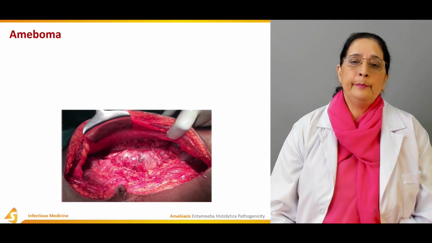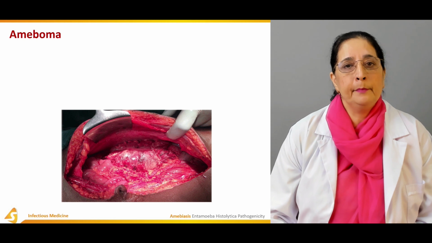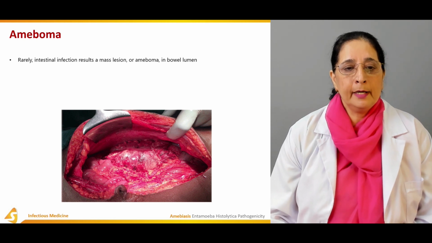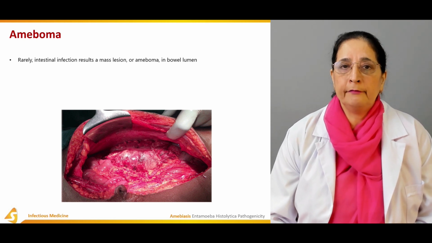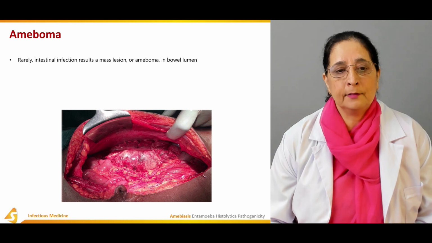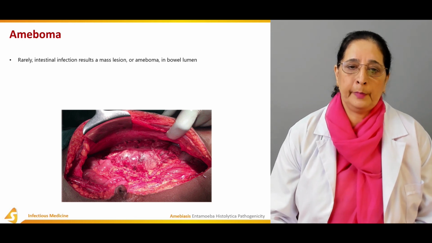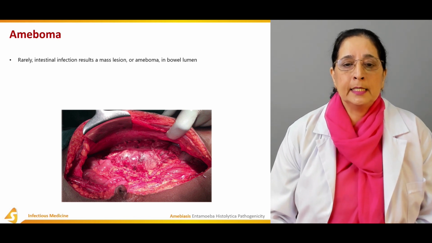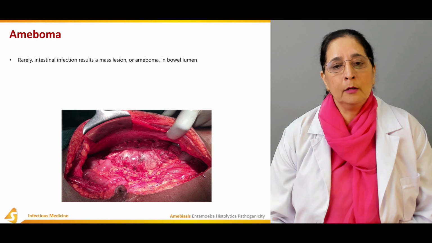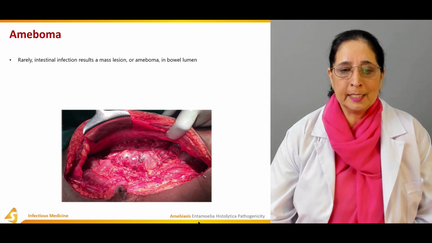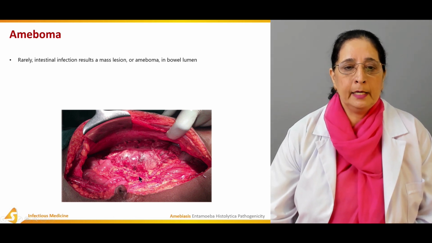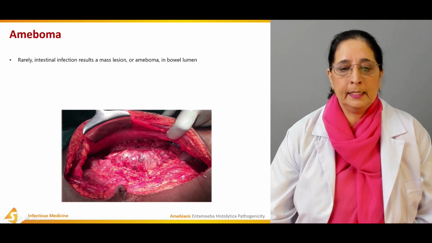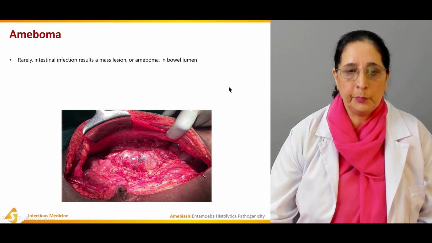Next is amebioma. What is amebioma? It's a rare intestinal infection that results in mass formation, or amebioma, present in the lumen of the bowel. So amebioma is a mass developed in the intestinal lumen.